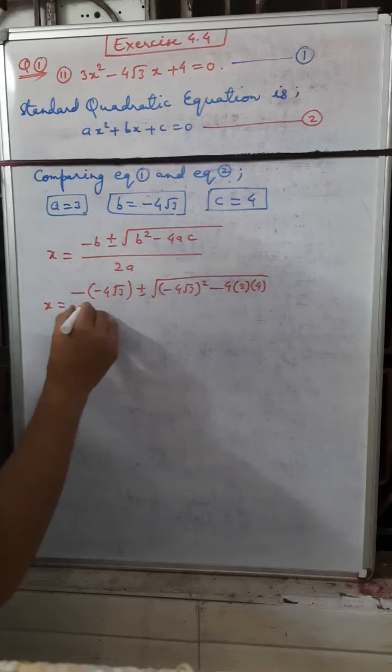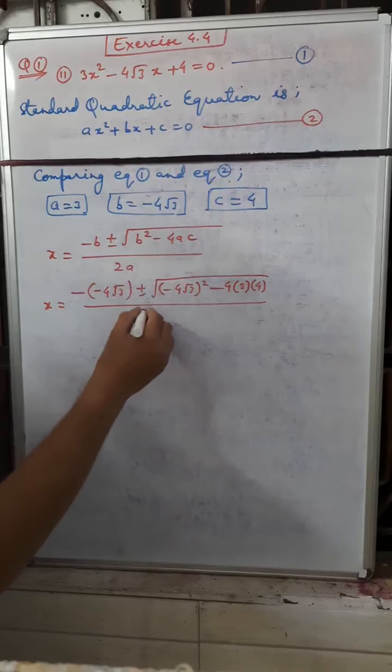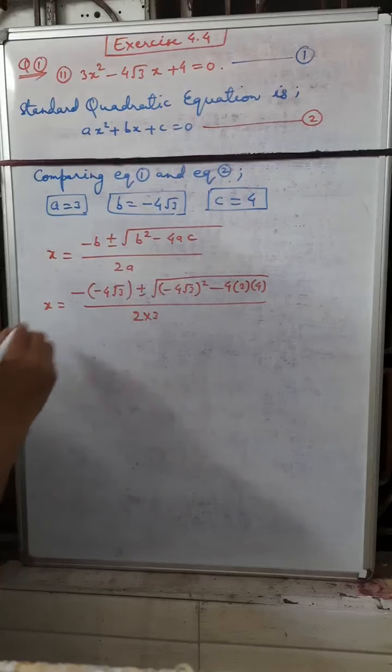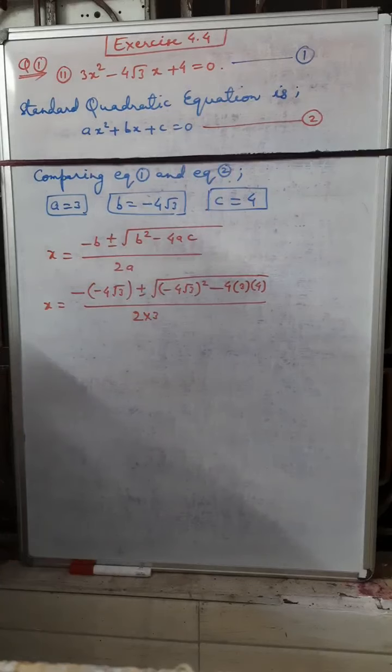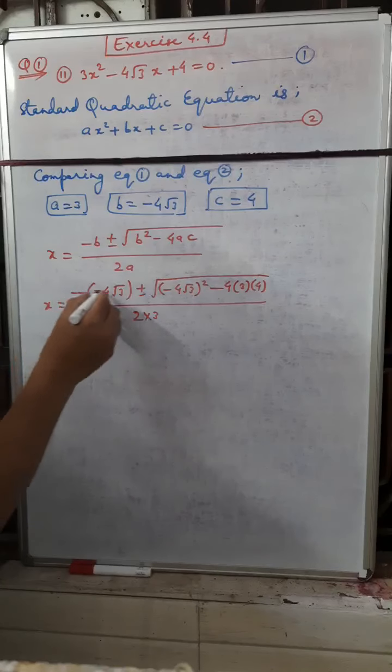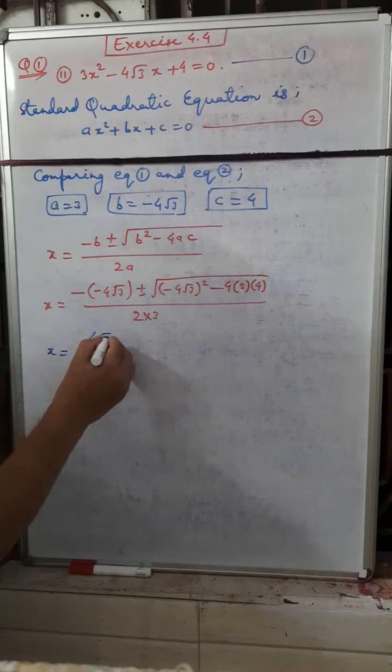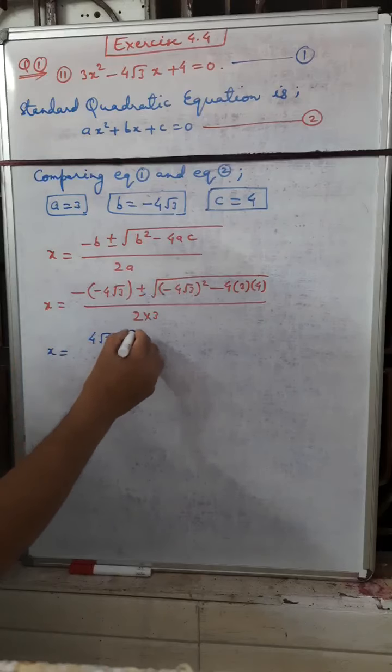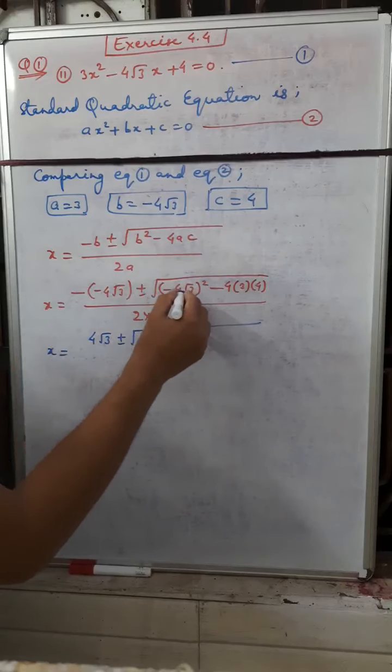All values are put here, upon 2a, which is 2 into 3. So now x = 4√3 ± √((−4√3)² − 4·3·4) / 6.